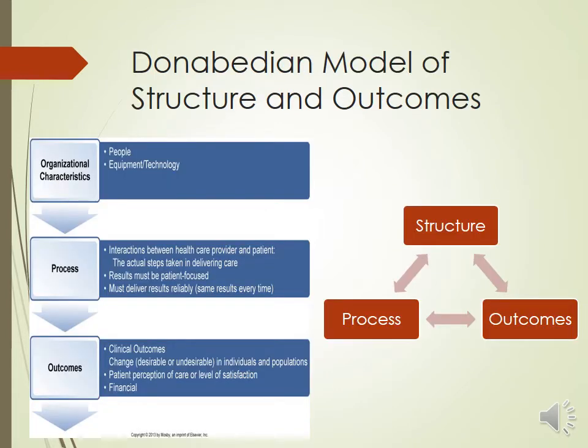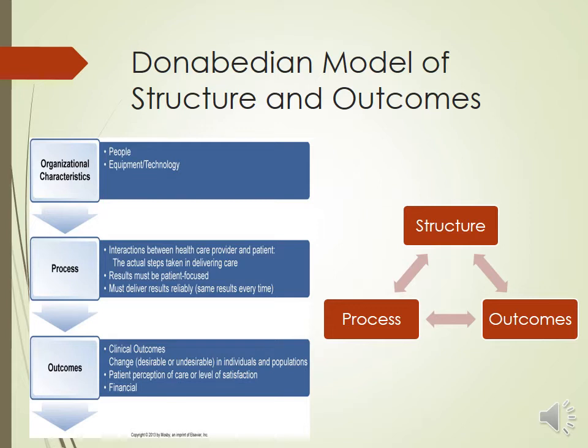Looking at the major theory behind healthcare quality is this Donabedian model of structure, process, and outcomes. In this model, quality comes about through the interaction of three things: organizational characteristics, or the structure, the process, and the outcomes.